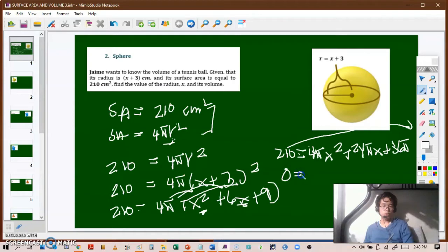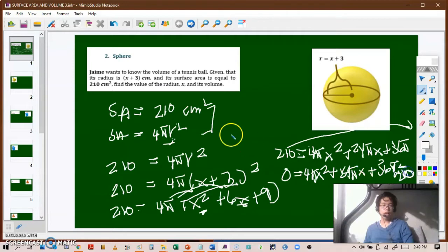So that will be 0 is equal to 4 pi x squared plus 24 pi x plus, 9 times 4, so that's 36 pi, and then we minus 210 on this side.